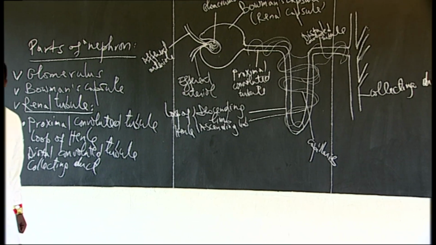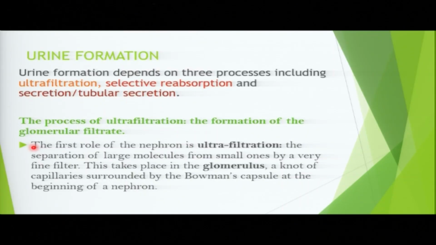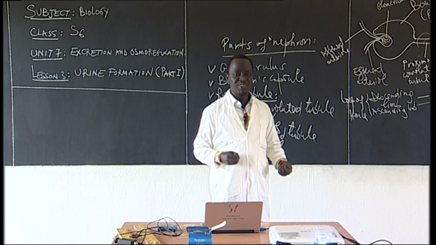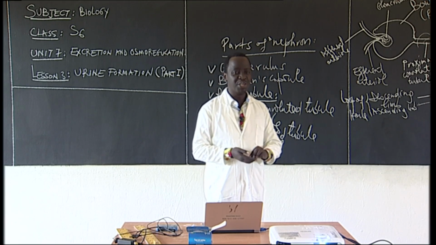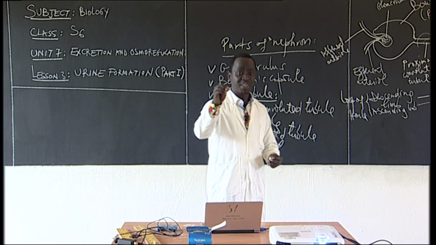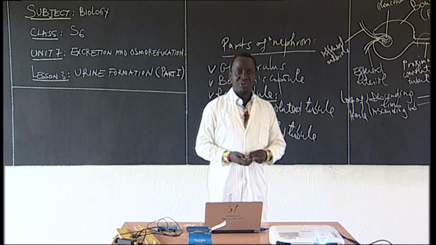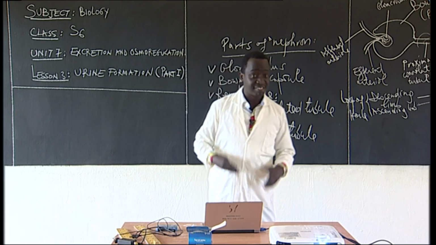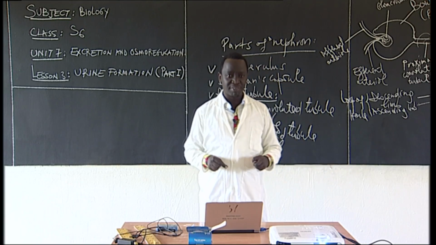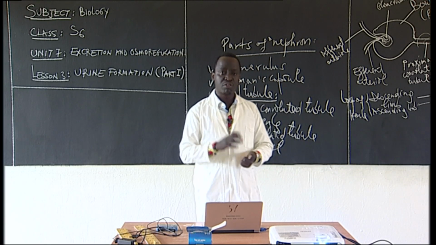Then, let's start the urine formation. You know what urine is, because every day we go to the toilet to release urine. The urine contains waste products, metabolic waste products, that have to be released through the urine.